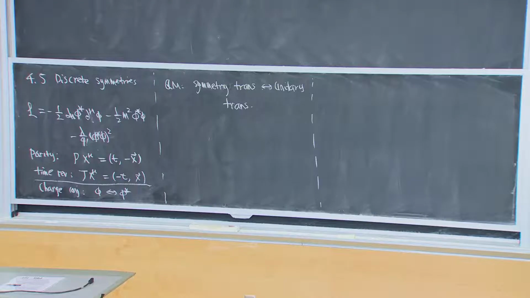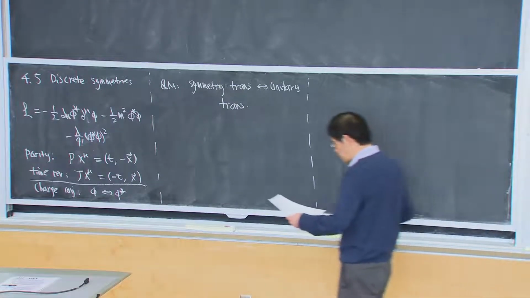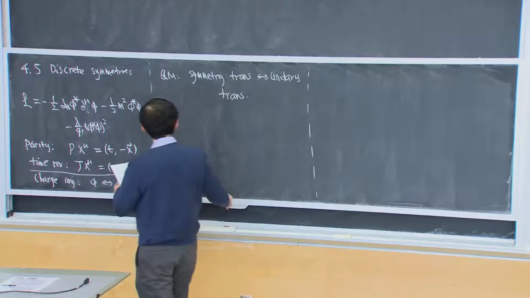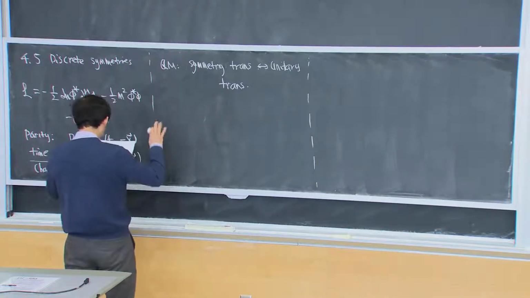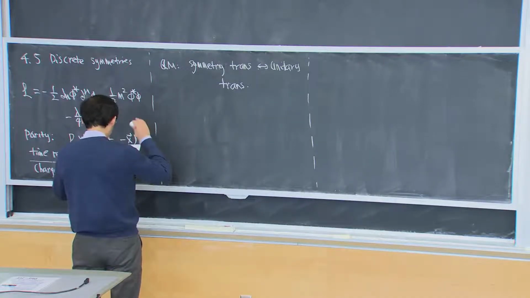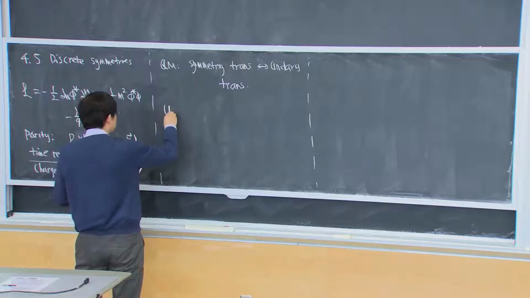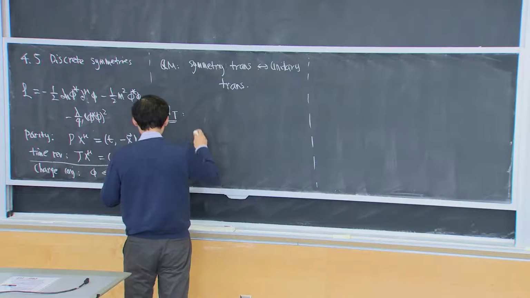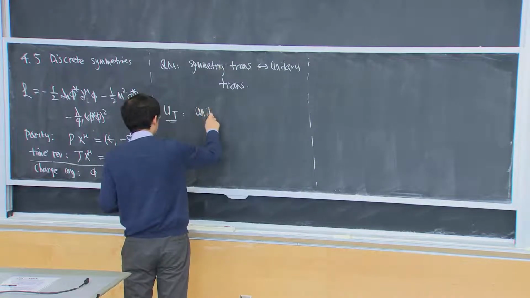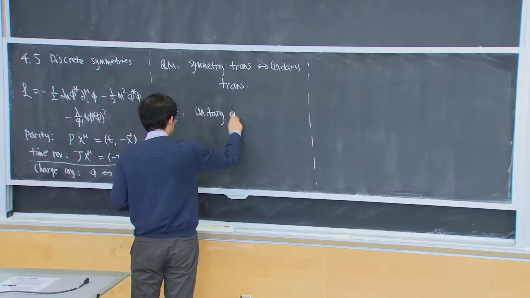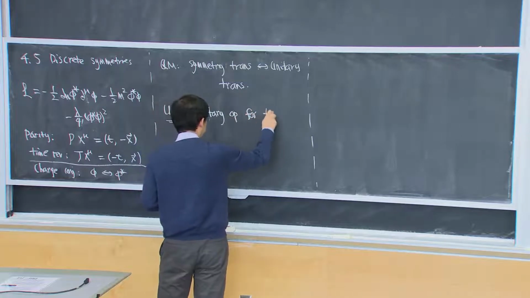Let me just review it here. Let's denote U_T as the unitary operator for time reversal.